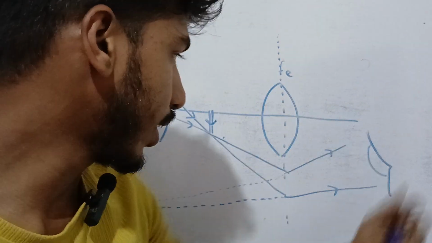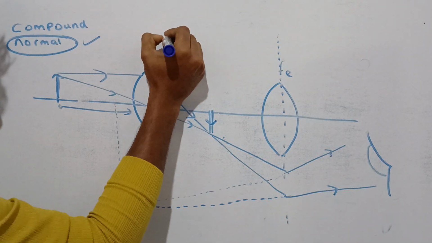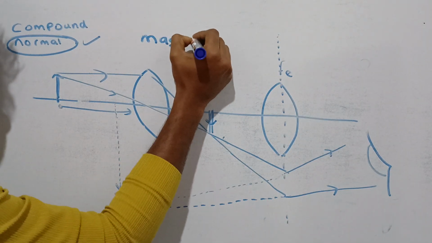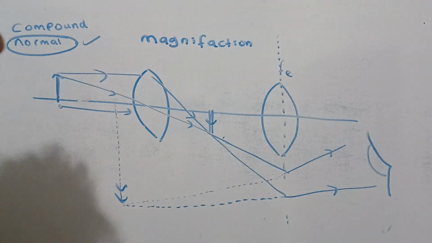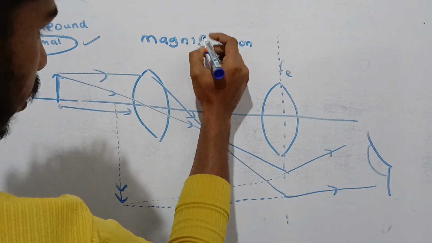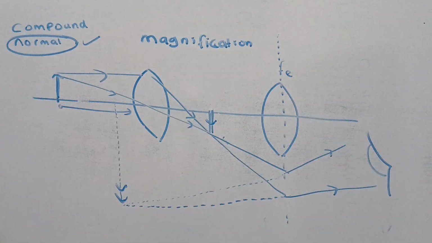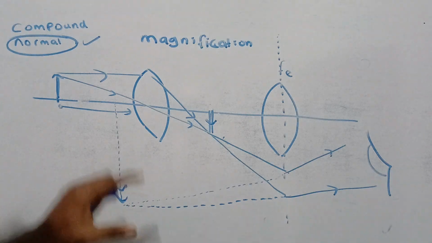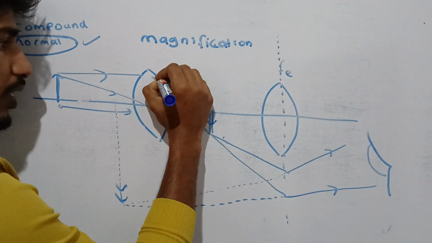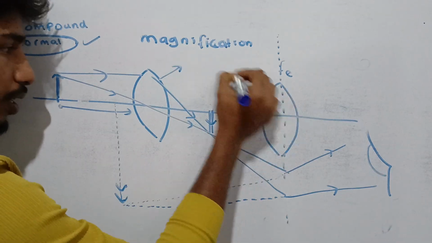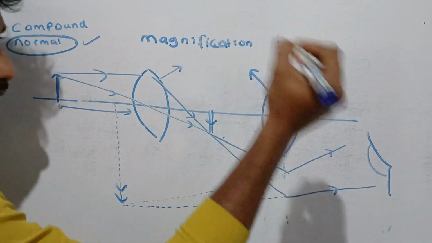I'll just come to that in a while. So let's get a derivation of the magnification. When it comes to the magnification part, in the normal adjustment, we can consider the magnification created by this lens and the magnification created by this lens separately.